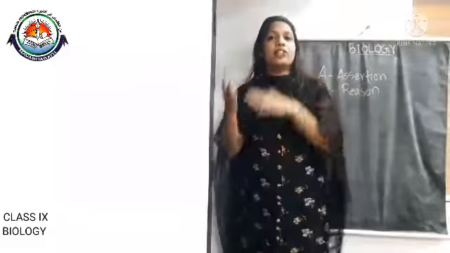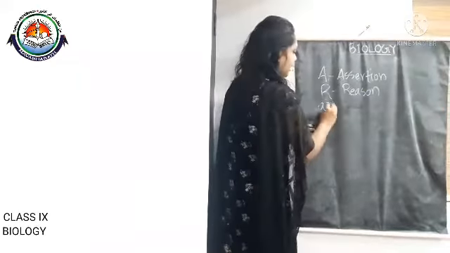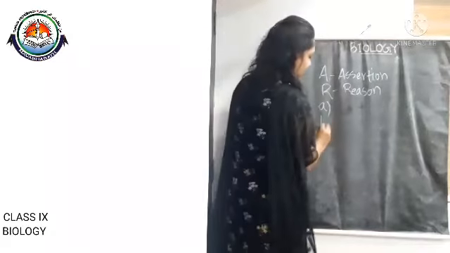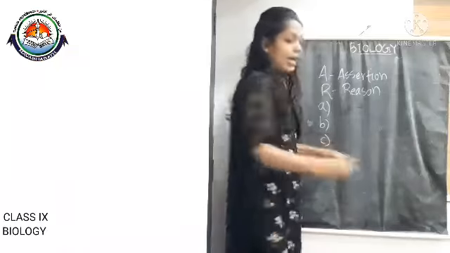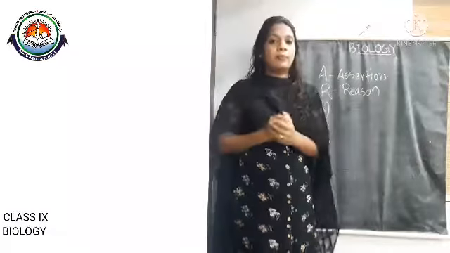The choices are: A, both assertion and reason are true, and reason is the correct explanation of A. B choice is, both assertion and reason are true, but R is not the correct explanation of A. C is, assertion is true, but reason is false.